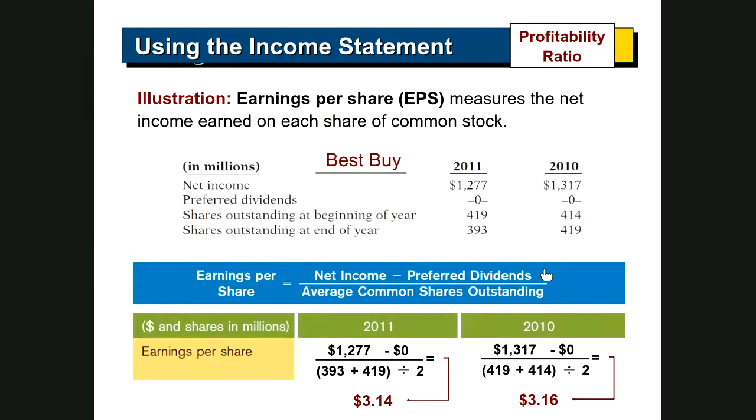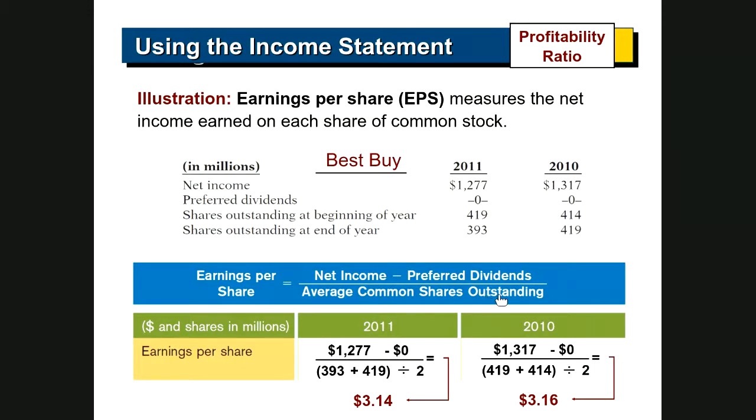So to calculate the earnings per share, the preferred dividends are subtracted, because this is something that is guaranteed to be paid in many cases. So we have the net income of the company minus the preferred dividends, and then it is divided by the average common shares outstanding.